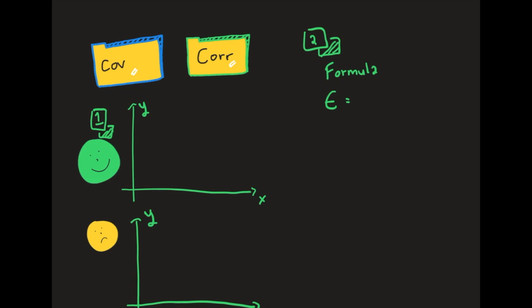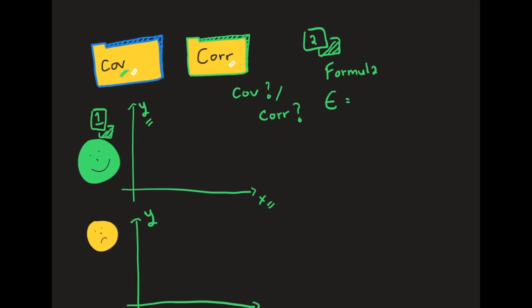Remember, first, let's talk about covariance. What is covariance? Some people confuse covariance with correlation. What's the difference between both of them? Let's say we have values y and x.